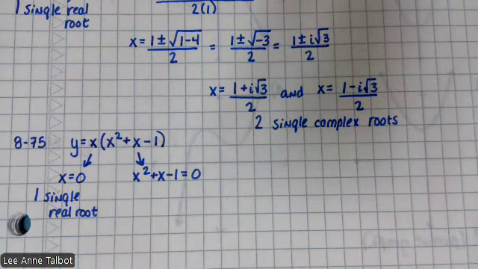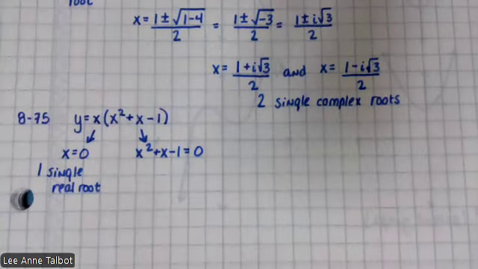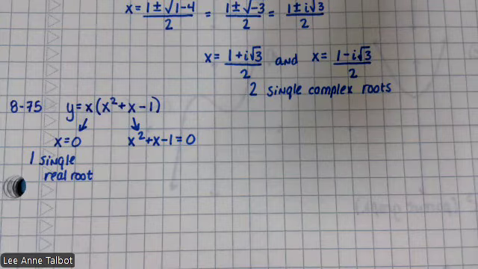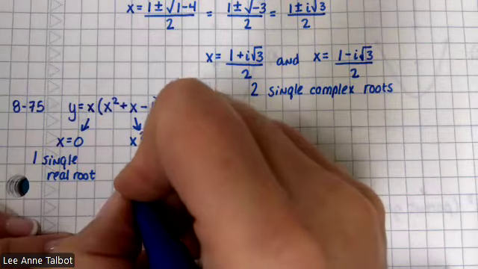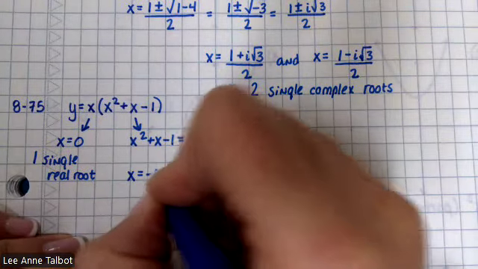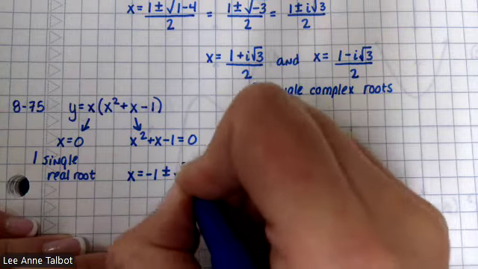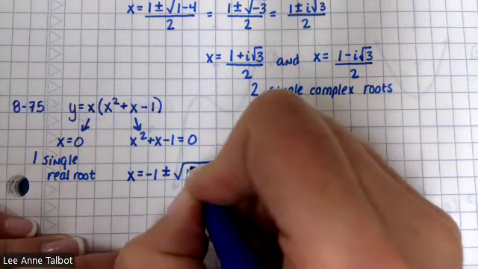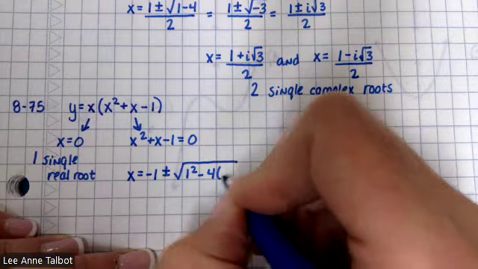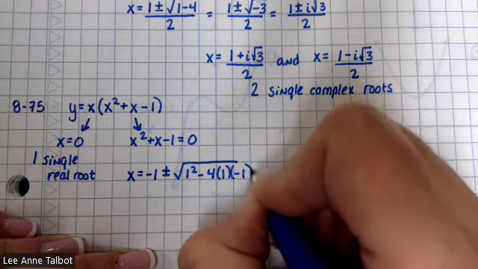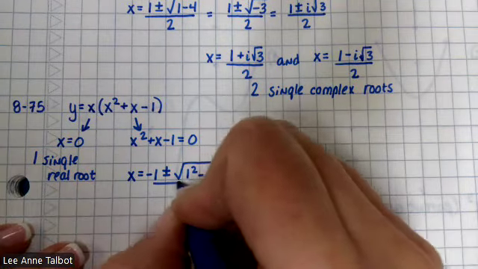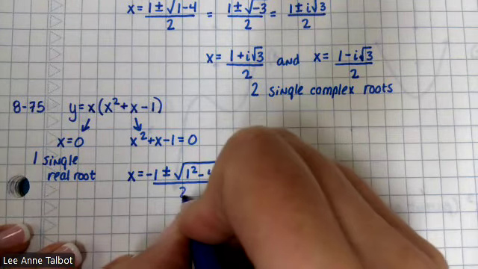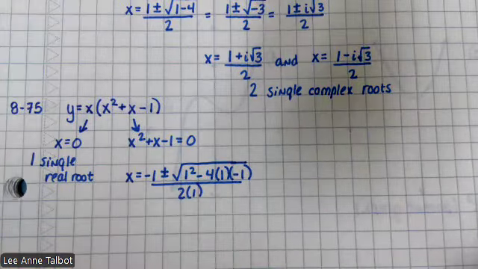Okay, is this factorable? Can I box and diamond that? I don't think so. I think unfortunately we're back to the quad situation. X equals negative b plus or minus square root b squared minus 4ac all over 2a.